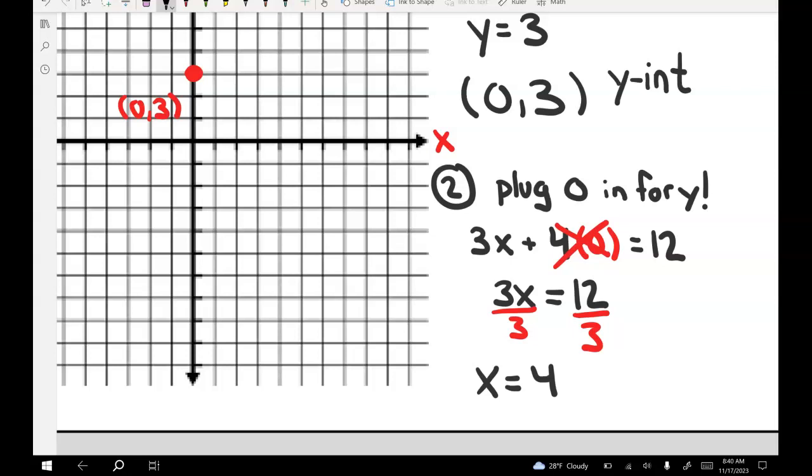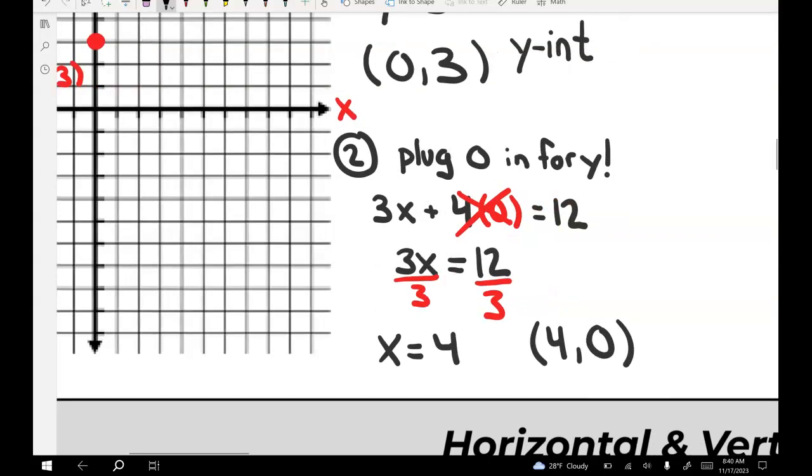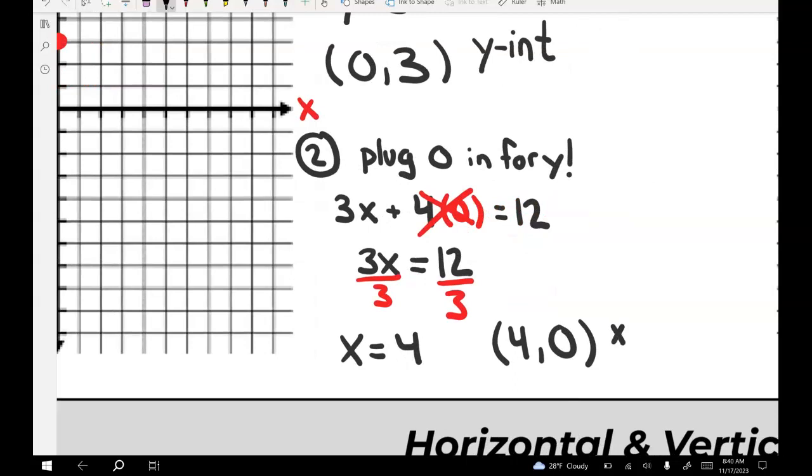So remember, coordinates are always written as x comma y. So if we have an input of 4, we get an output of 0, and that's your x-intercept. And if you want to add labels like this to remind you, this is your x value, that's your y value.